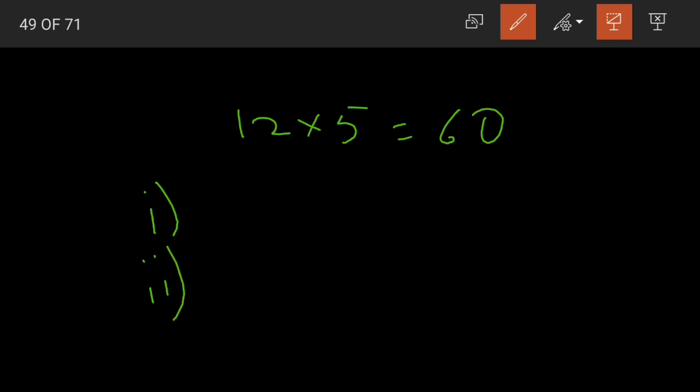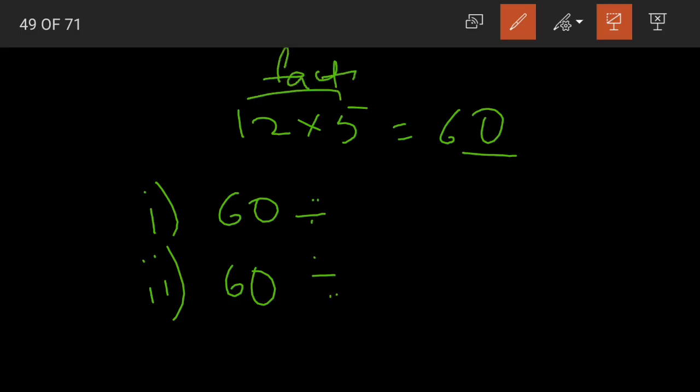See, 12 into 5 is equal to 60. What is this? This is our multiplication fact. And from this we can write two division facts. In both of them, our product is to be written at first. Okay, so 60 divided by what? Now these two are called as factors. Yes or no? If you remember, these two are called as factors.